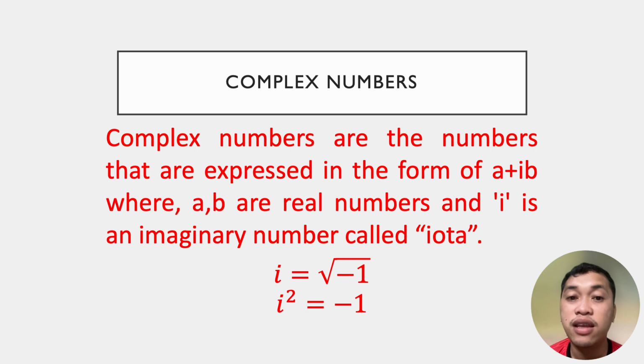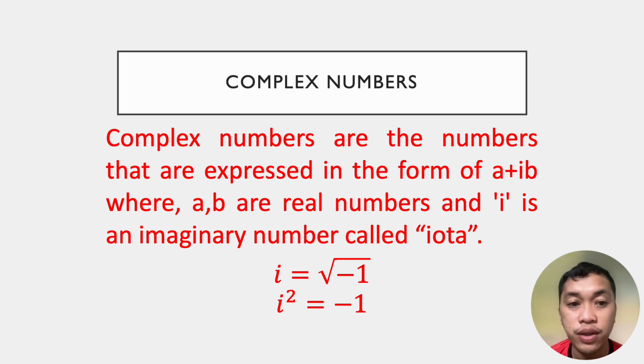So once again, the form of complex numbers is a plus ib. If it doesn't have an i in it, then it's not a complex number. Let's define i. i, or iota, is equal to the square root of -1.